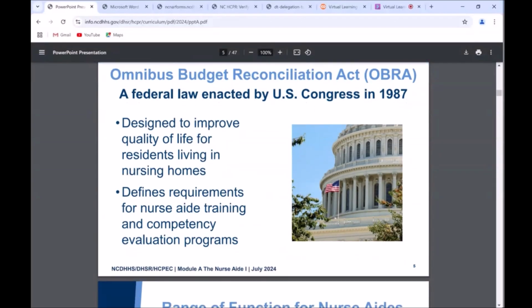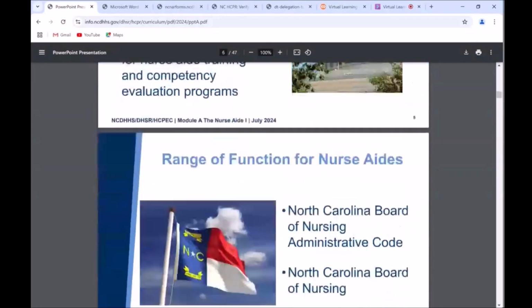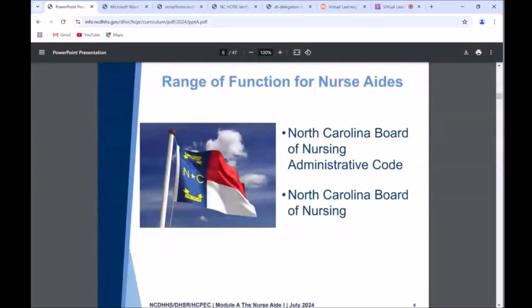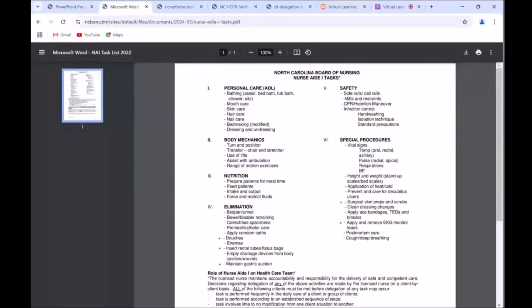All right, range of functions for the nurse aide. The North Carolina Board of Nursing is responsible for defining a range of functions for North Carolina nurse aides. Here is the sheet that defines your task list. You have personal care, body mechanics, nutrition, elimination, safety, and special procedures. And this can be found at the North Carolina Board of Nursing website.